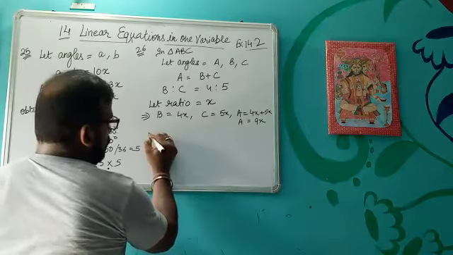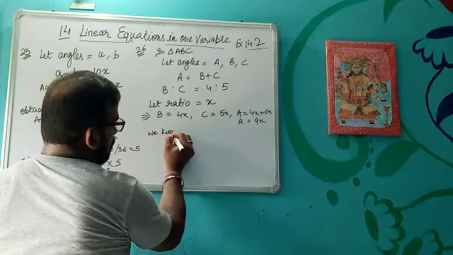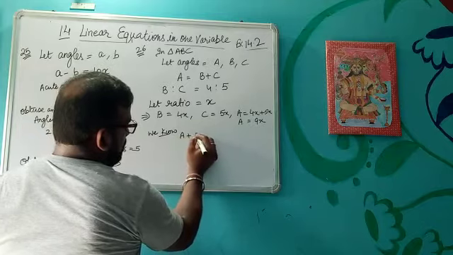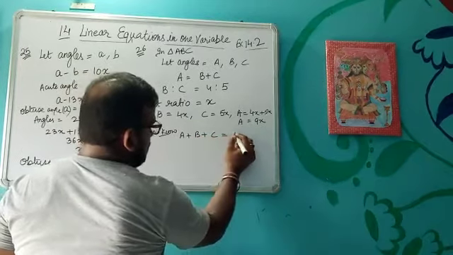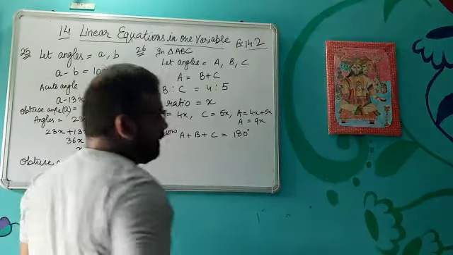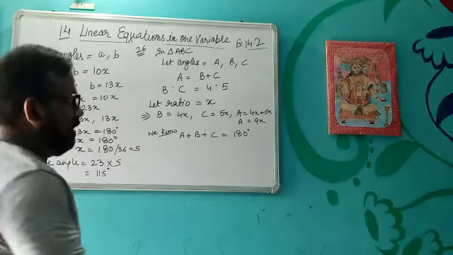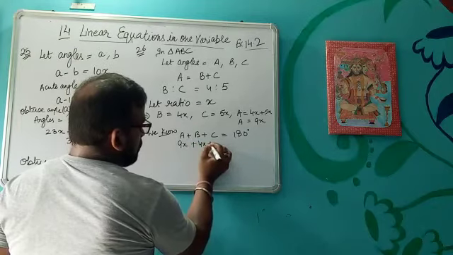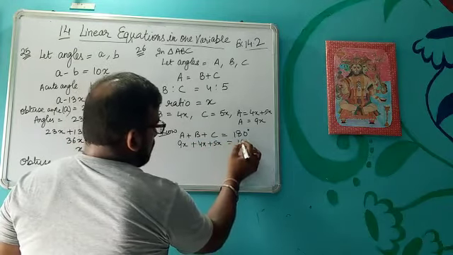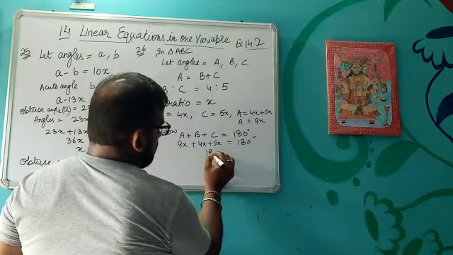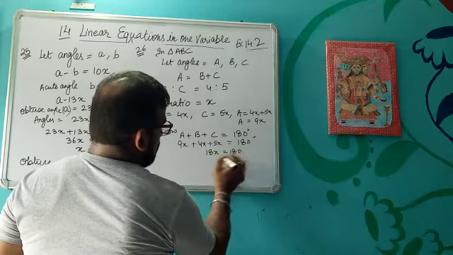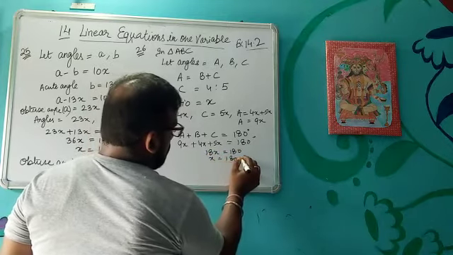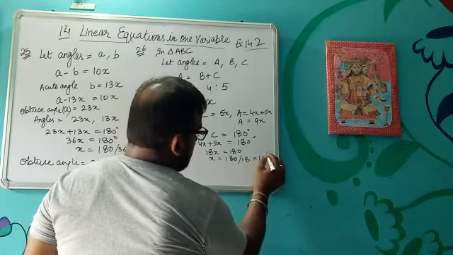So what we know? We know A plus B plus C makes a sum of 180 degree. Angle sum property of the triangle. So substitute the values. So x will be 180 by 18, that is 10 degree.